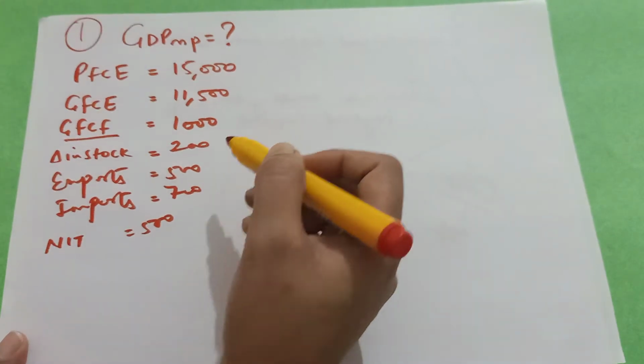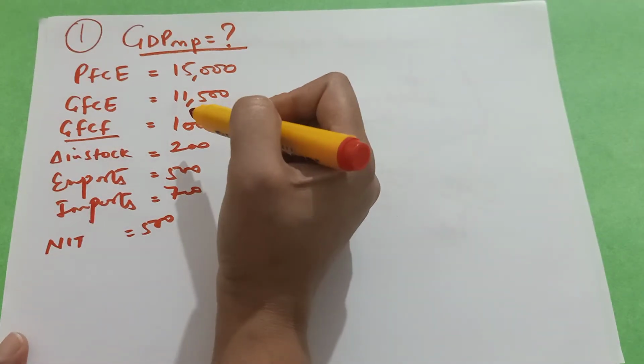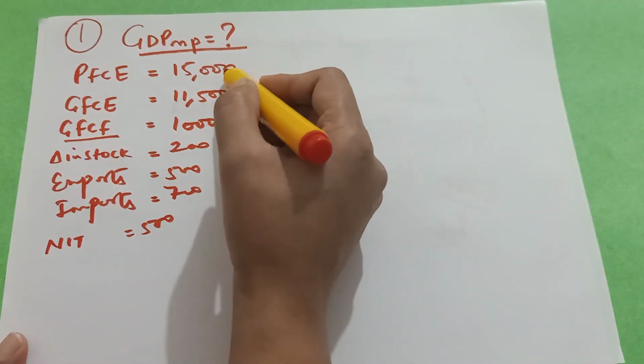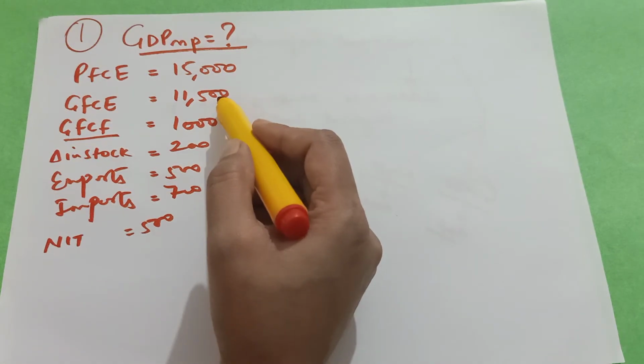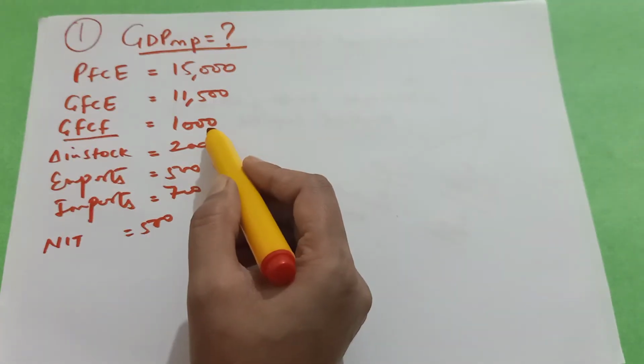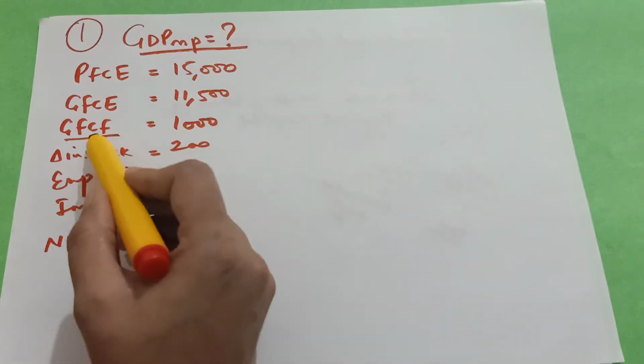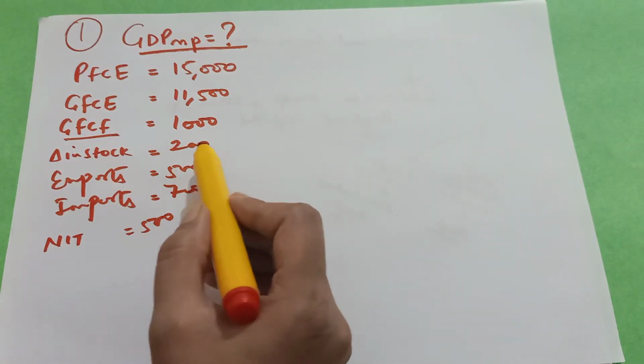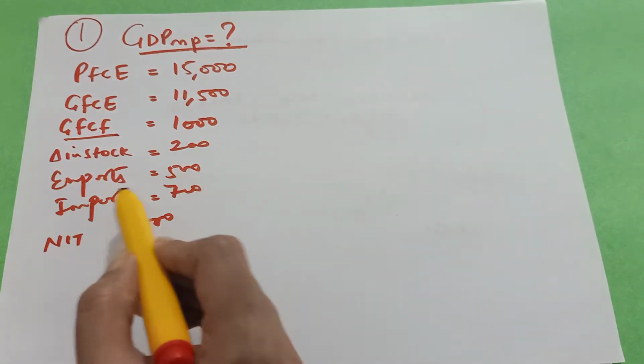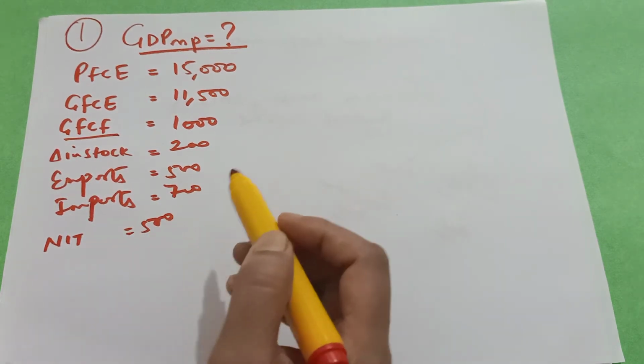Here in question number 1, we have to calculate GDP-MP. Private final consumption expenditure is given, government final consumption expenditure is given, gross domestic fixed capital formation is given, change in stock is given, exports and imports are given, NIT is given. So what to do?